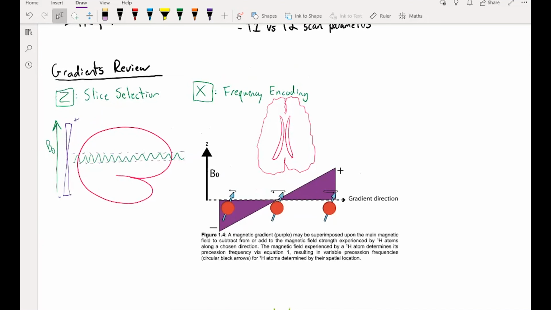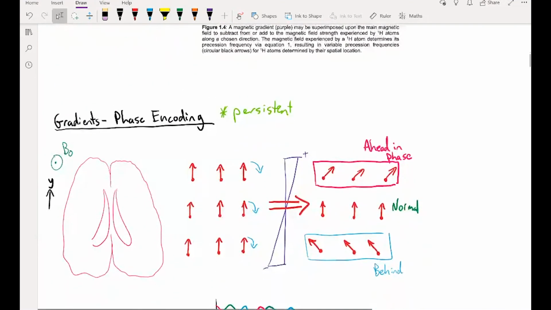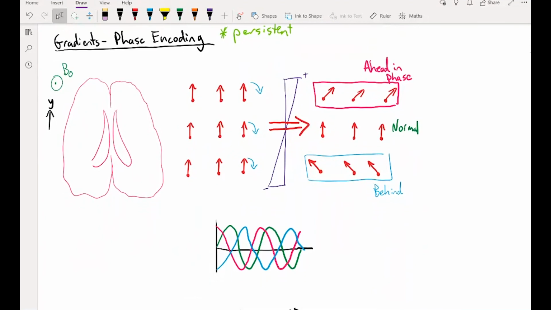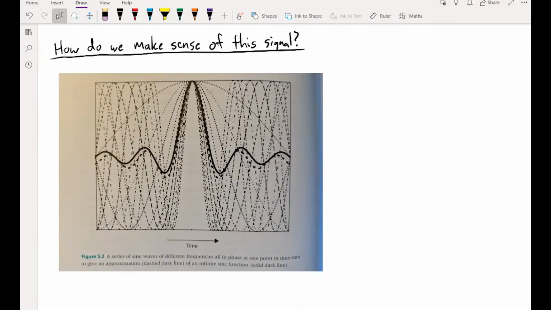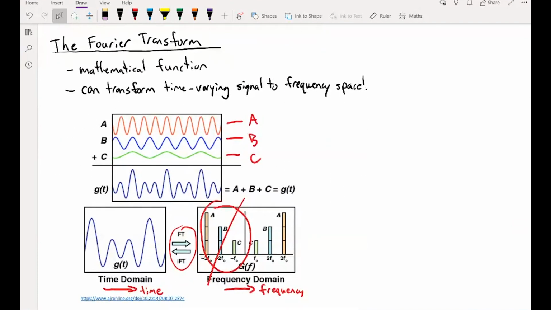So we reviewed gradients in general. We talked about how we use them to encode information in the Z, the X, and the Y direction using slice selection, frequency encoding, and phase encoding, respectively. We talked about how once we've got these different phases and frequencies collected in this one big signal, this echo that we collect, we use the Fourier transform to tease apart from that main signal what frequencies are present and what phases of those frequencies are present.